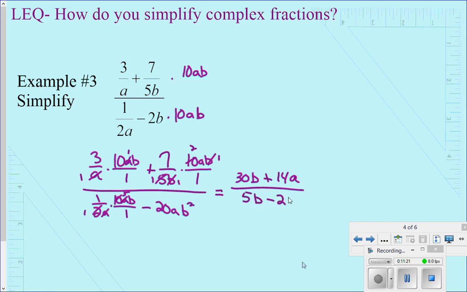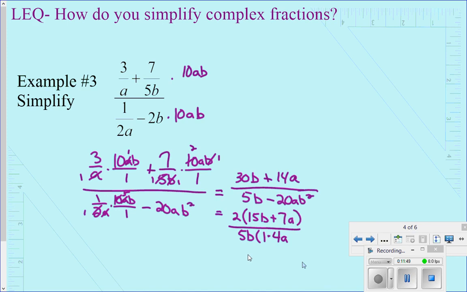minus sign 20AB squared. So this one's similar to the last one. We see some factors we can factor out here. Looks like a 2 in the numerator. Looks like a 5b in the denominator. I lost track there when my pen stopped working.